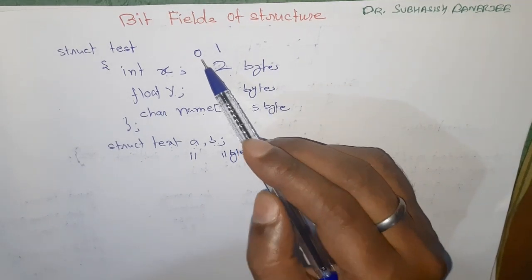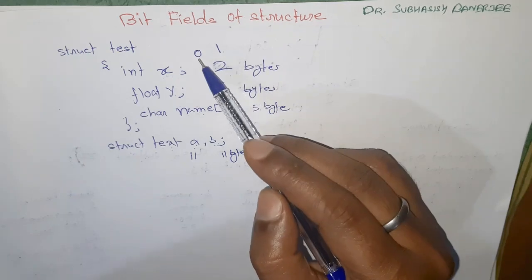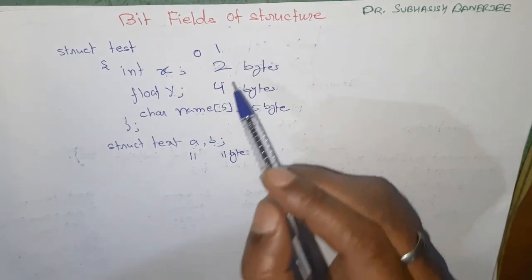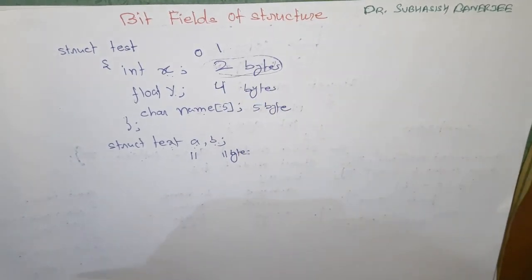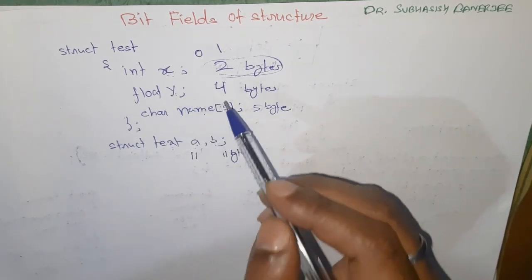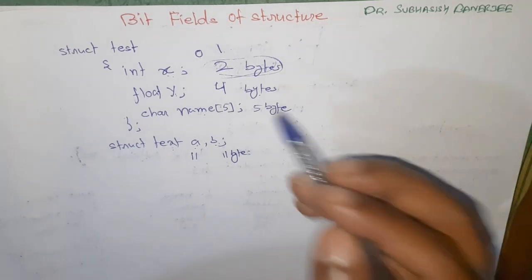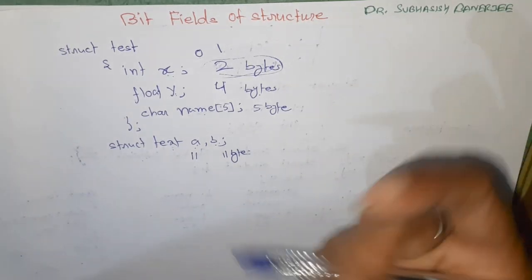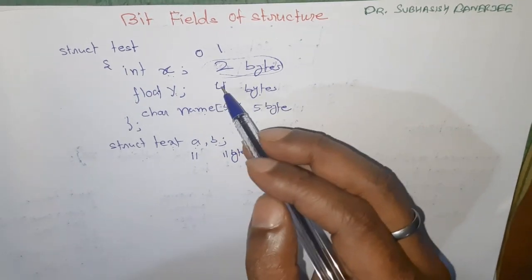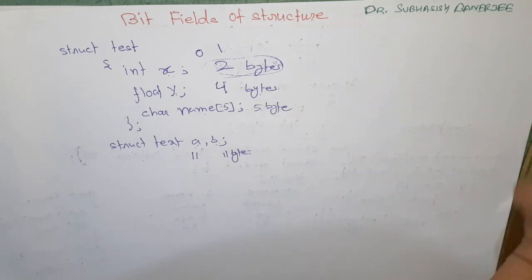To store 0 and 1, it only needs 1 bit of information, yet to store this 1 bit we are using 2 bytes of space. Similarly, in the case of float y, suppose we are storing a data element whose required size is much less than 4 bytes, but the standard of C will always occupy 4 bytes, so there is also unnecessary wastage of storage.